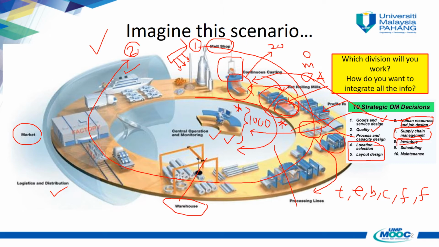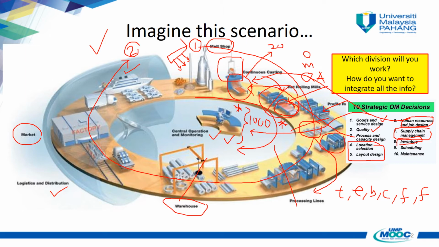So if we can control the inventory, not too much, or we can say just in time, JIT, then your production will never become messy.